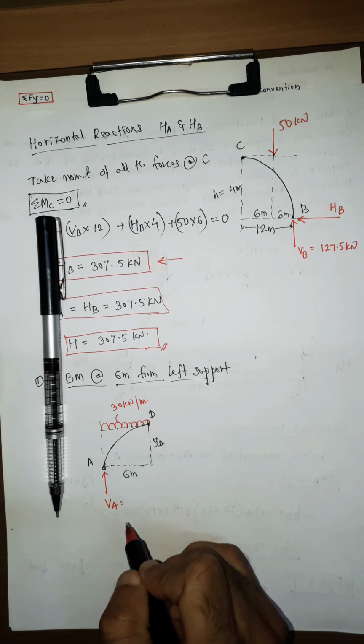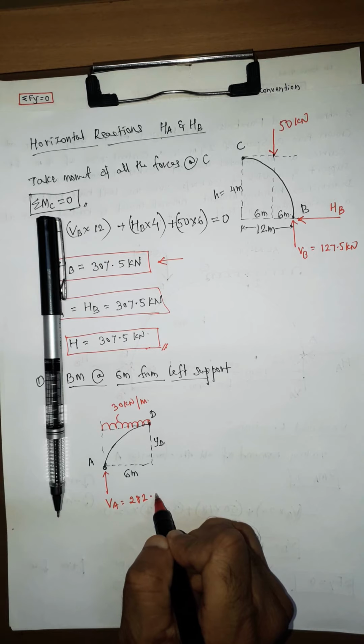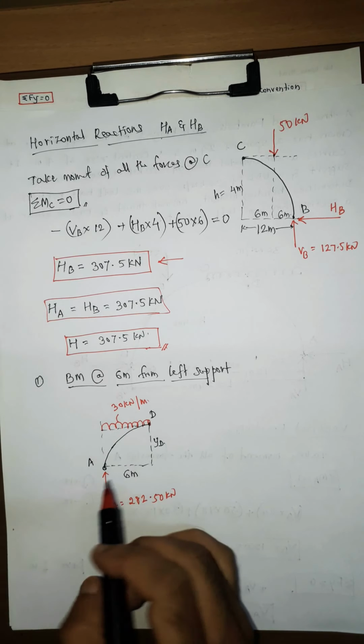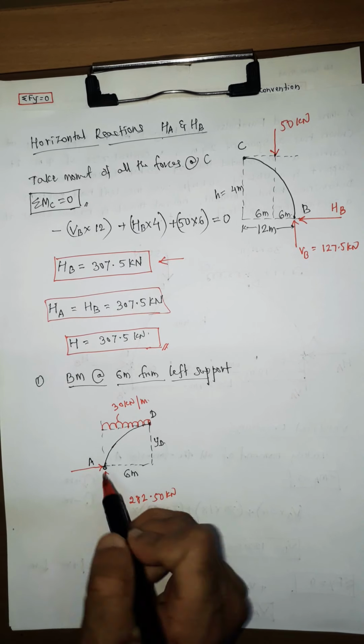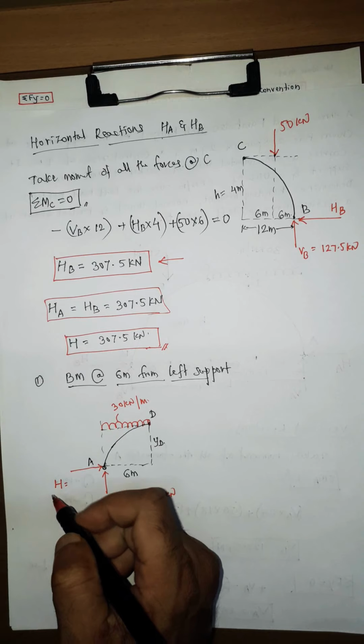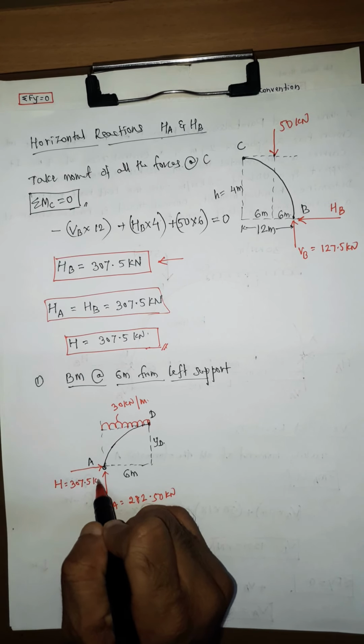We already found out the reactions, VA is equal to 282.50 kilonewton, and HA or H is equal to 307.5 kilonewton.